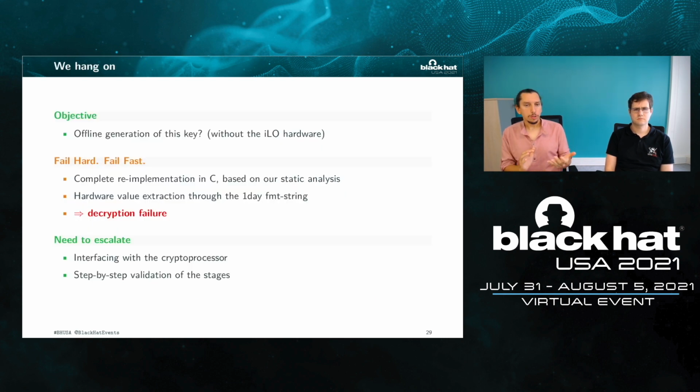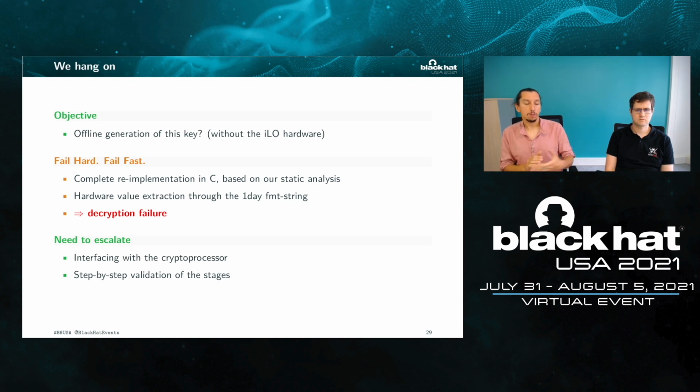So we have a good understanding of all the key derivation steps, and hopefully what we want to do is perform an offline generation of this key, that is, without the need of relying on the iLO5 hardware. So we did a complete reimplementation in C, to be quite close to what is actually implemented in the original firmware based on our static analysis.